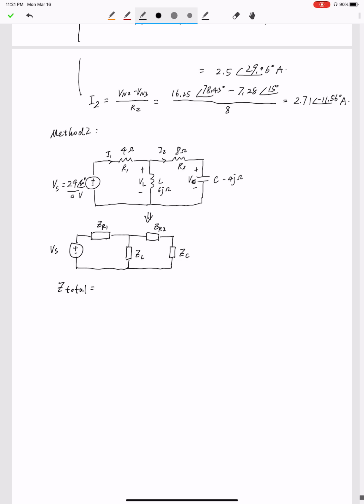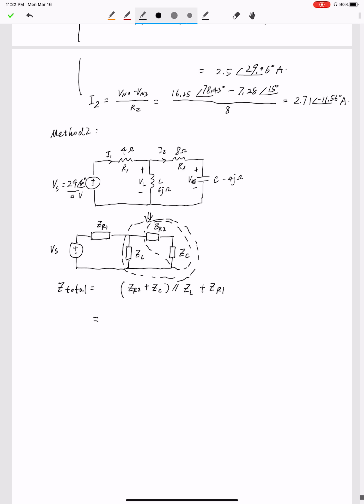Okay, and by observation we can find ZR2 and ZC are connected in a series connection, right? And the combination of these two, ZR2 and ZC, is in parallel with ZL. And the combination of these 3 is in series with ZR1, right? So that's how we combine these 4 components.